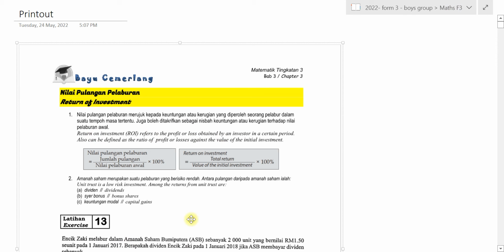Okay, so in all this file we learn about savings, the money you save inside the bank. We have the current account, savings account, and then fixed deposit account, and how the interest plays. You have already seen that in your previous section. This section is about return of investment.